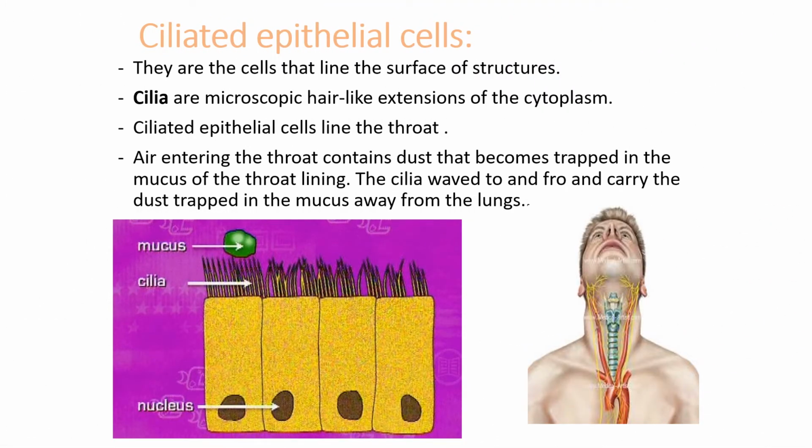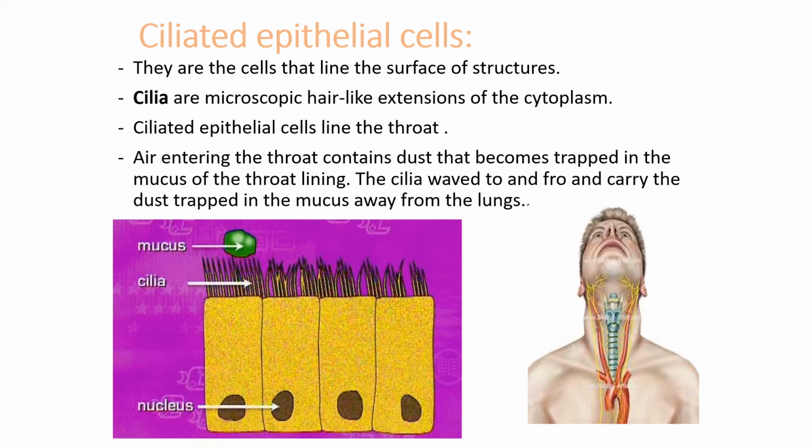Ciliated epithelial cells, grade 7, are the cells that line the surface of structures. The cells that line the surface of structures are called epithelial cells. They have something that we call cilia.